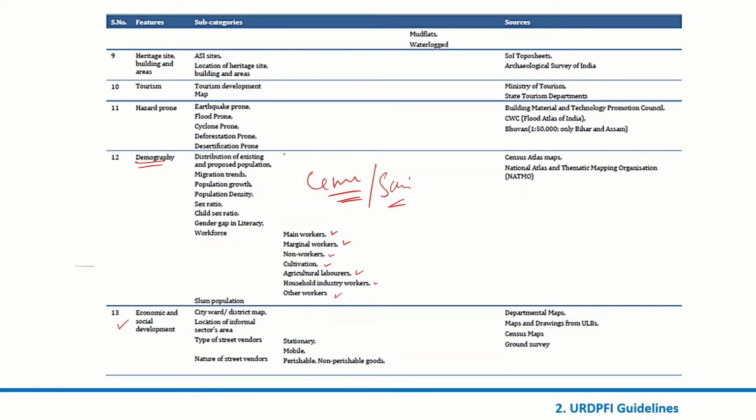Again, with respect to the case area that we are talking about, it's primarily leather driven. So you should see where these major industries are, where they are supporting economic activity within the town, how it is connected, and so on and so forth.